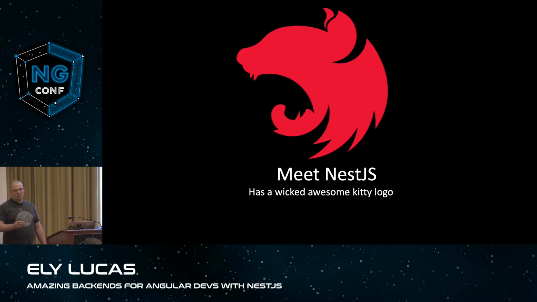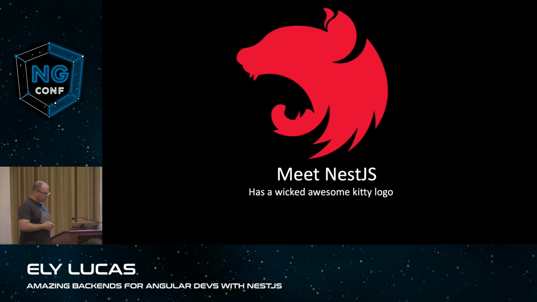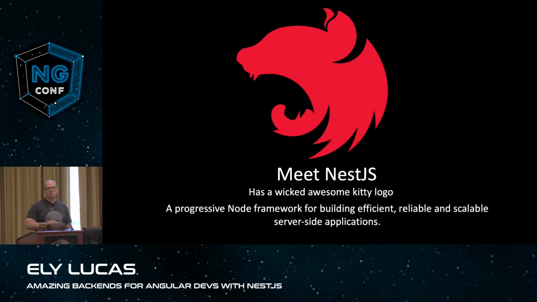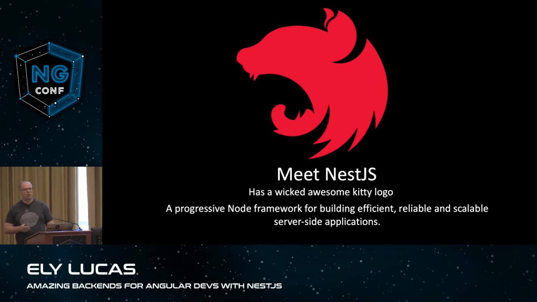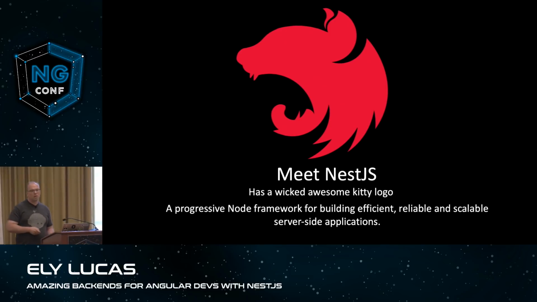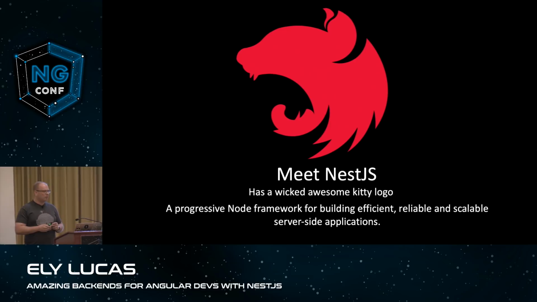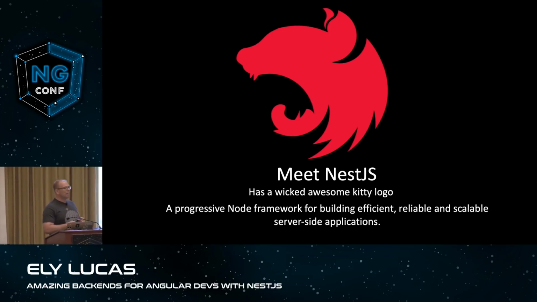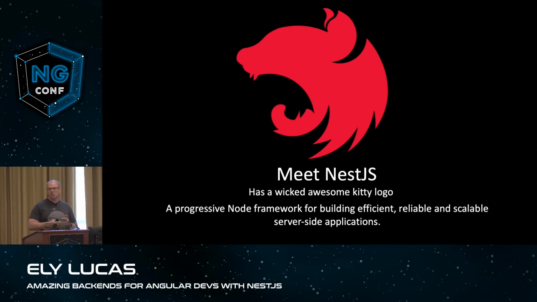The second thing I want you to know, and it's probably a little more important than the first, is that Nest is a framework for building backends on top of Node. But not only is it a framework, it's also a platform that you can use to build a variety of different types of applications. You can use it to build REST-based APIs, GraphQL-based APIs. You can build microservices and real-time communications between clients and servers with NestJS.